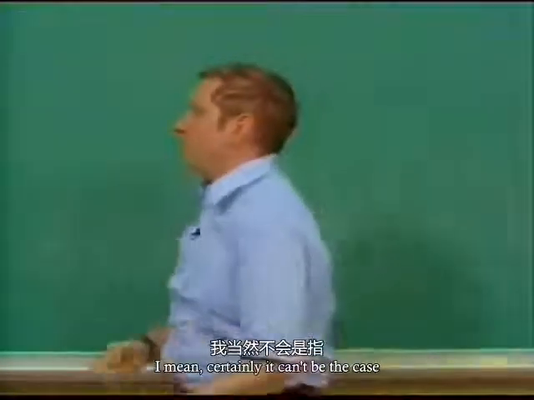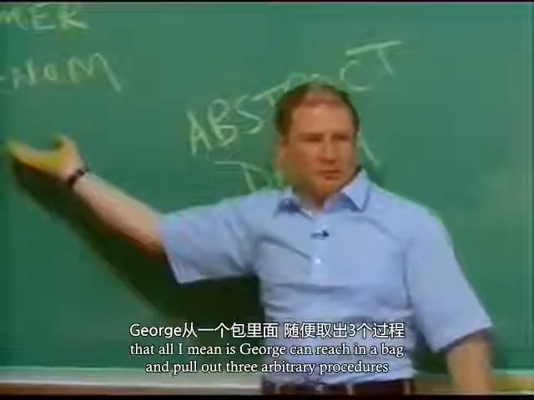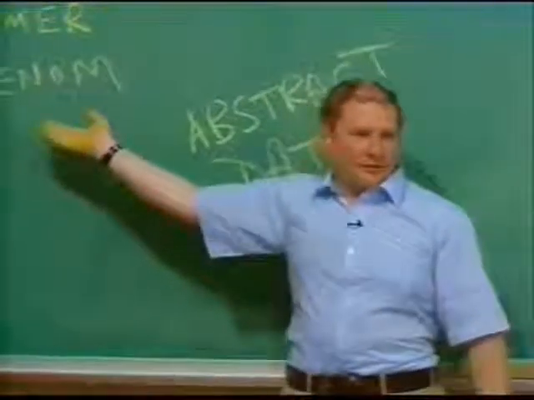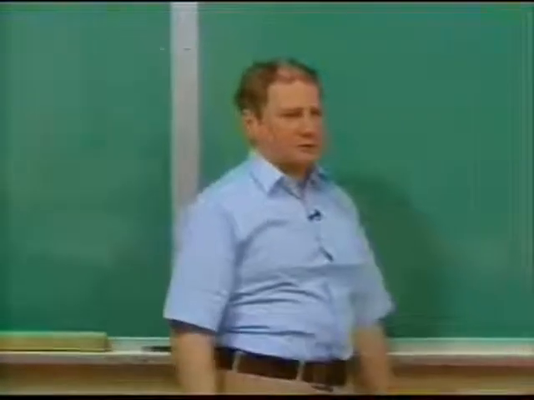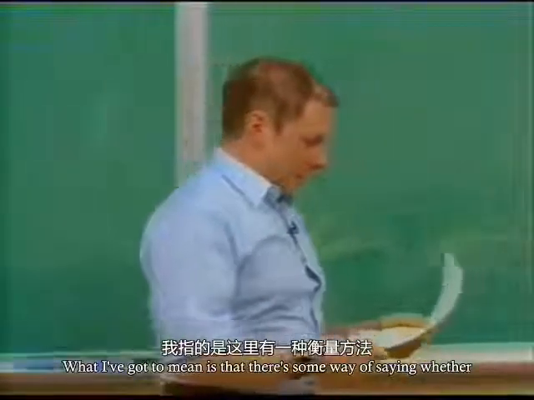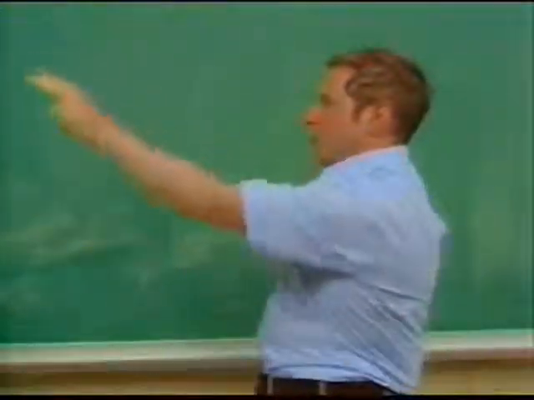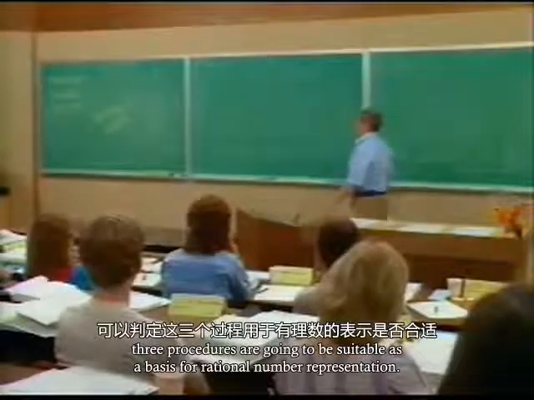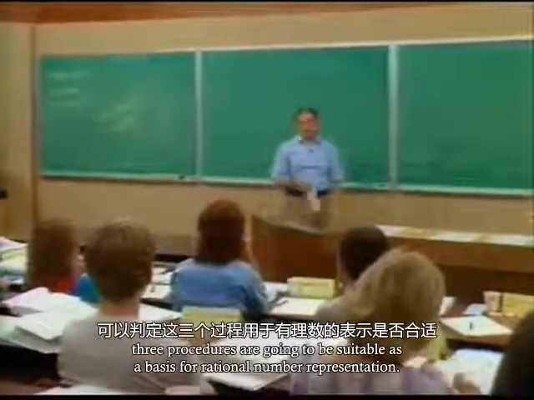I mean, certainly it can't be the case that all I mean is George can reach in a bag and pull out 3 arbitrary procedures and say, well, fine, now that's the implementation. That can't be what I mean. What I've got to mean is that there's some way of saying whether 3 procedures are going to be suitable as a basis for a rational number representation.